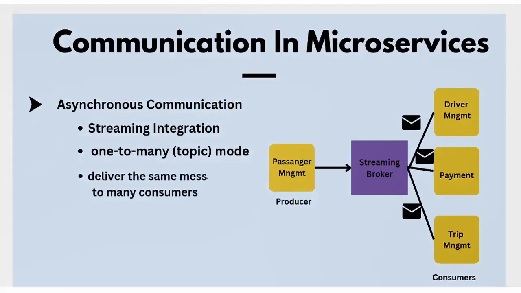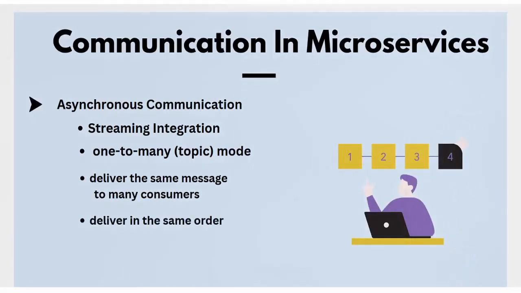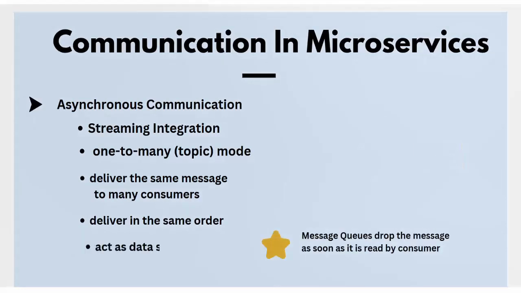Streaming brokers can deliver the same message to many consumers without the need for replication. Streaming brokers always deliver in the same order the messages are queued. Unlike message brokers, which only act as a message transport, stream brokers additionally act as a data store. One of the most popular streaming brokers is Apache Kafka.